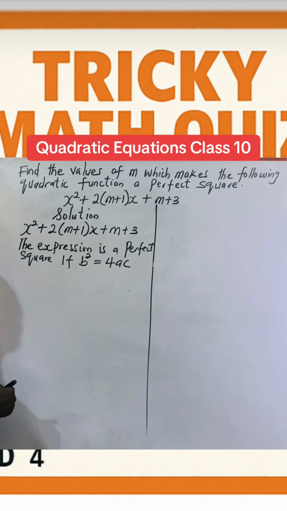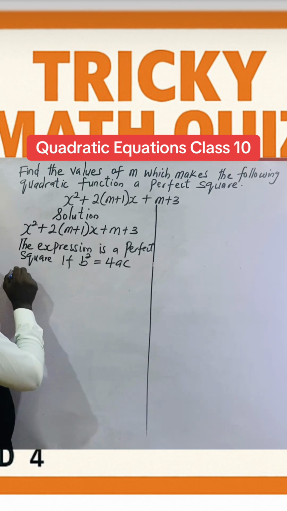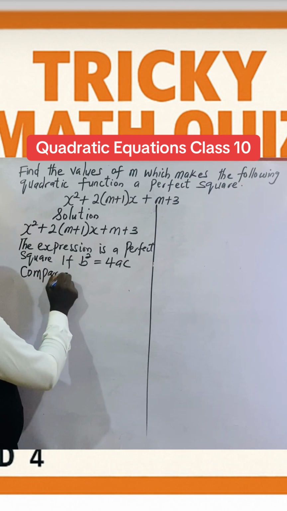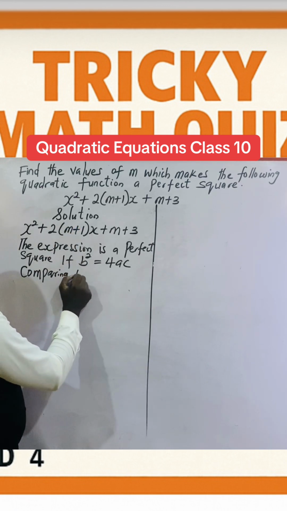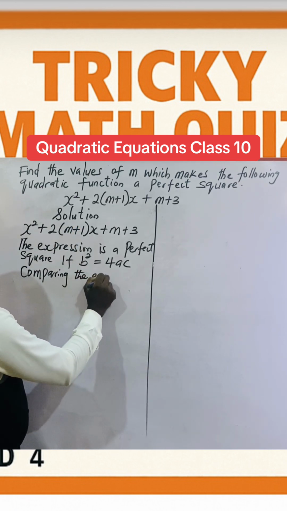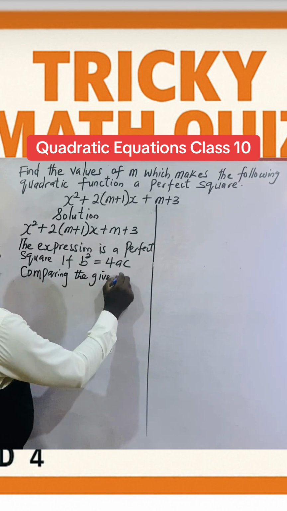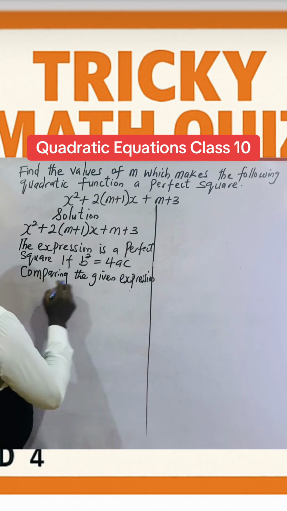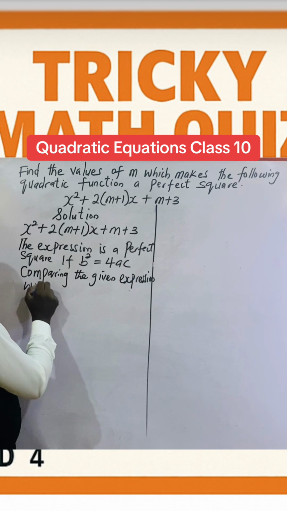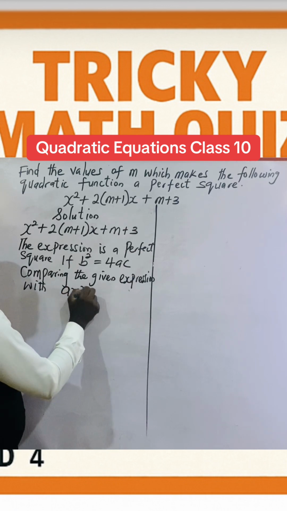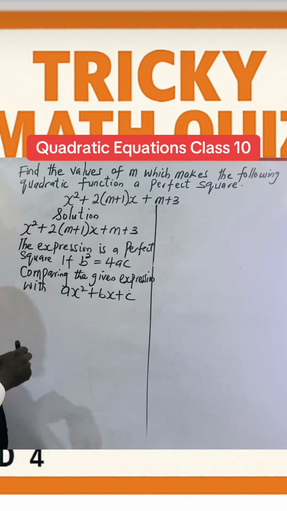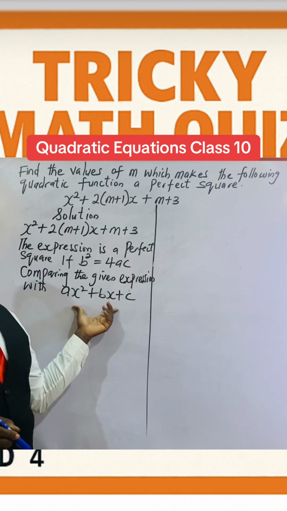All right, let's go. So the first thing now, comparing this given expression with ax squared plus bx plus c. This is a quadratic expression.